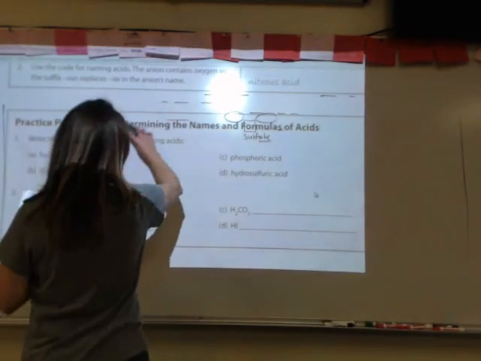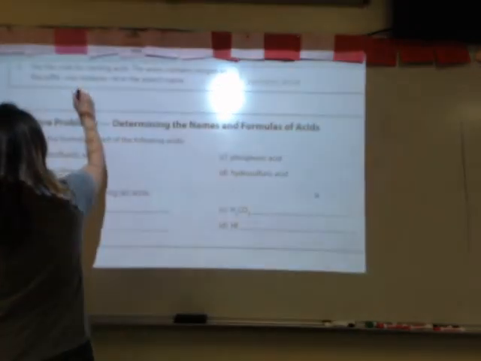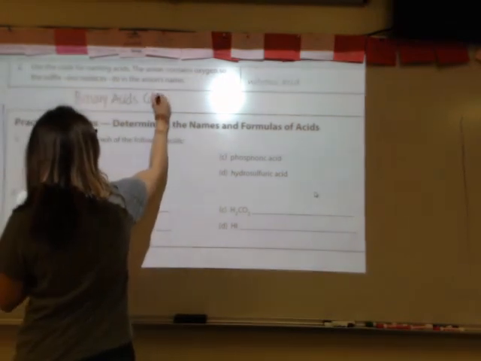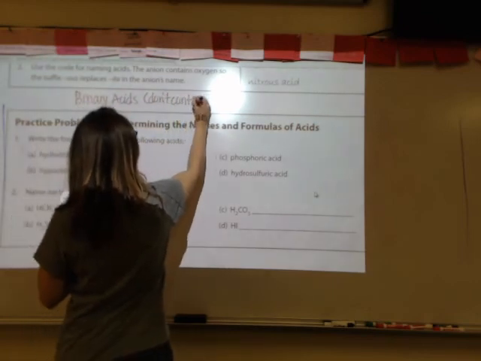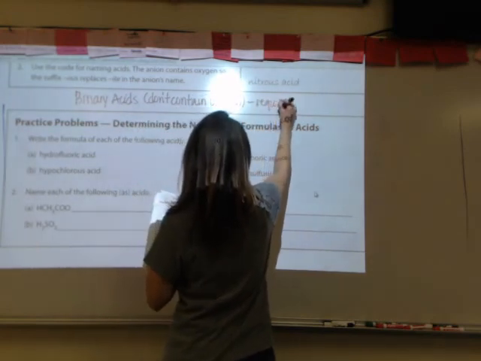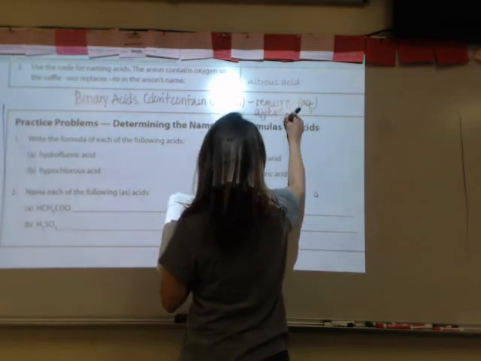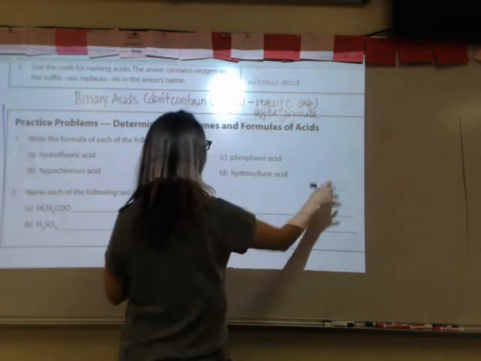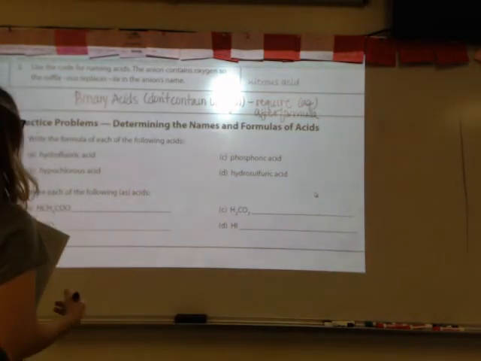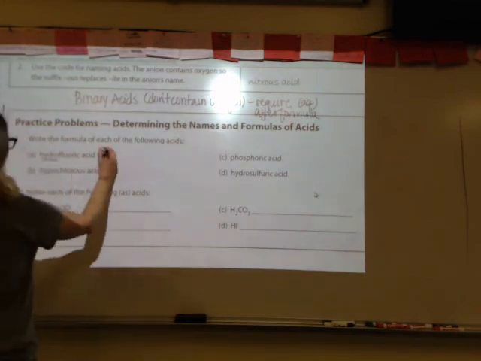Technically, binary acids, which don't contain oxygen, require a state of matter or an AQ after the formula, whereas oxy acids, which are also known as ternary acids, do not.